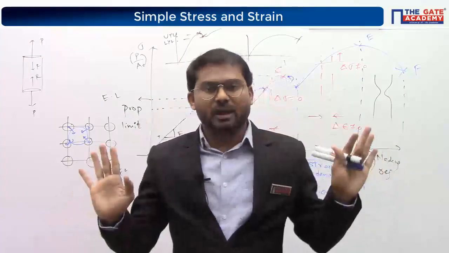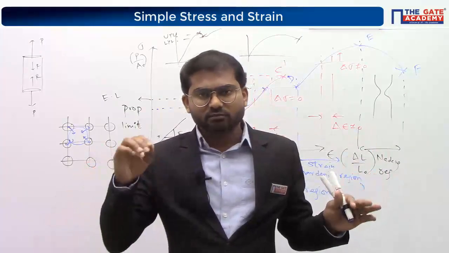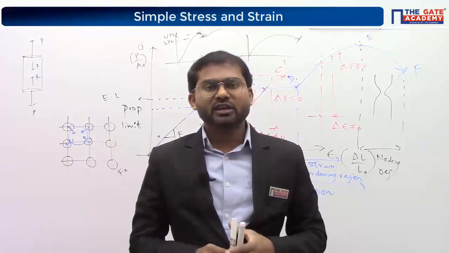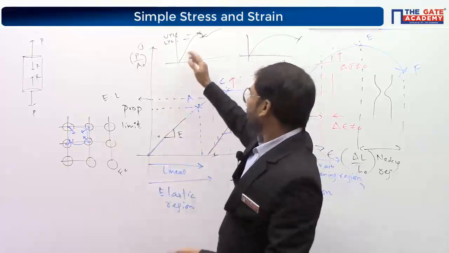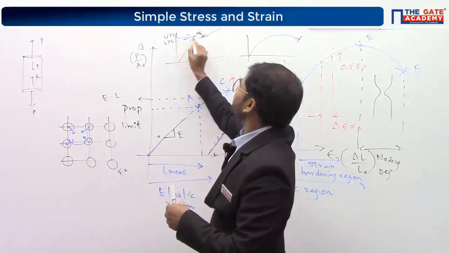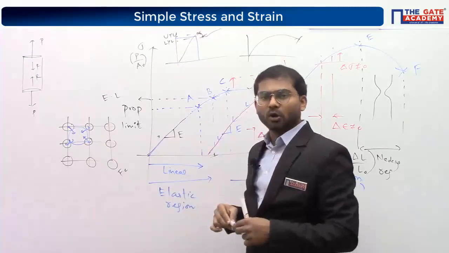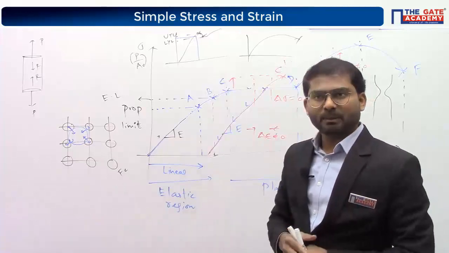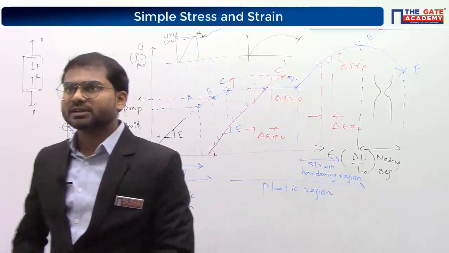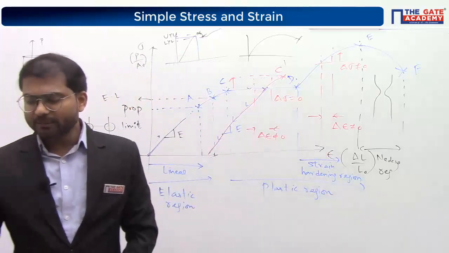And we don't want yielding to happen in the first place. That's the first prior requirement here. So we will make sure stress does not go beyond this value at all. We'll make sure to stay at stresses and strains just before the upper yield point itself. Clear, Challa Sanjay? Manoj Shendre, is it also clear?